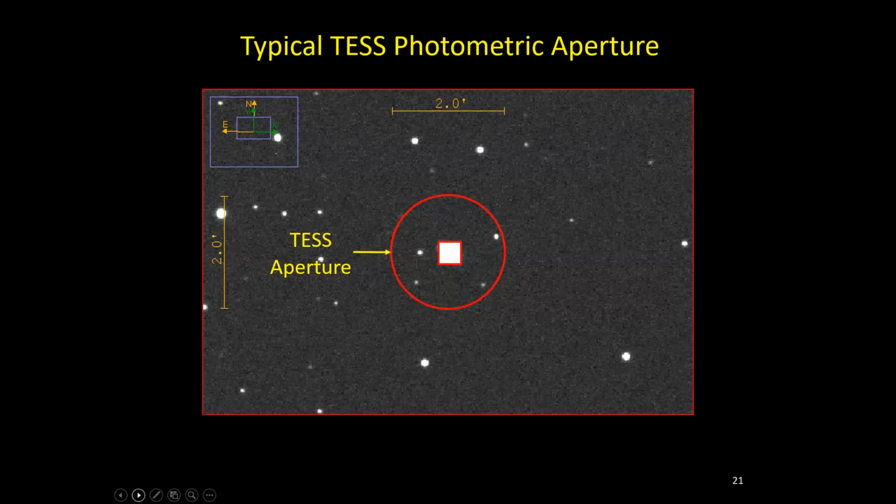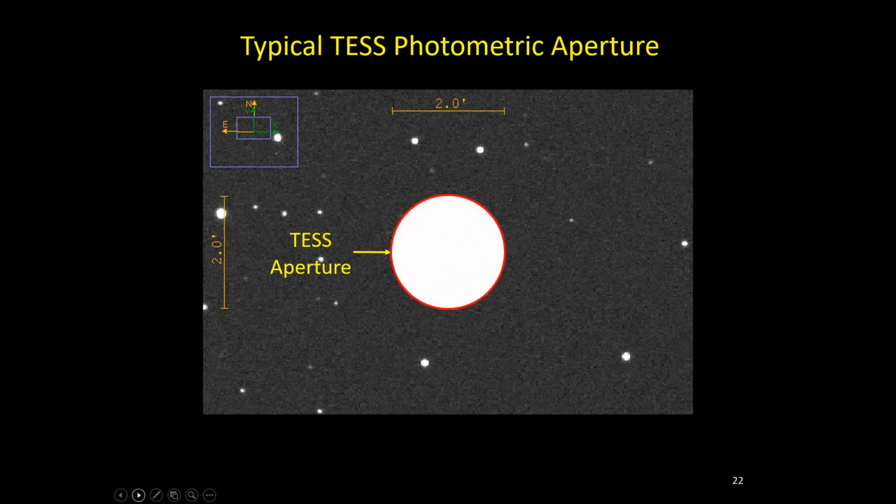Those of you who are familiar with photometry, where we put a so-called aperture around an area and then look at the light in that aperture, know the TESS aperture even consists of multiple pixels. Next. And so the TESS aperture, go ahead, click again. The TESS aperture even covers more pixels. So the problem gets even worse.